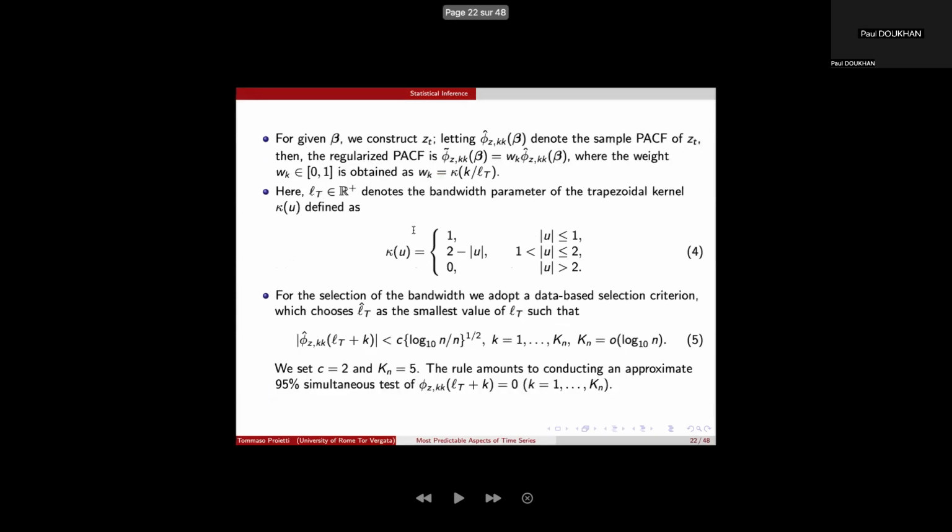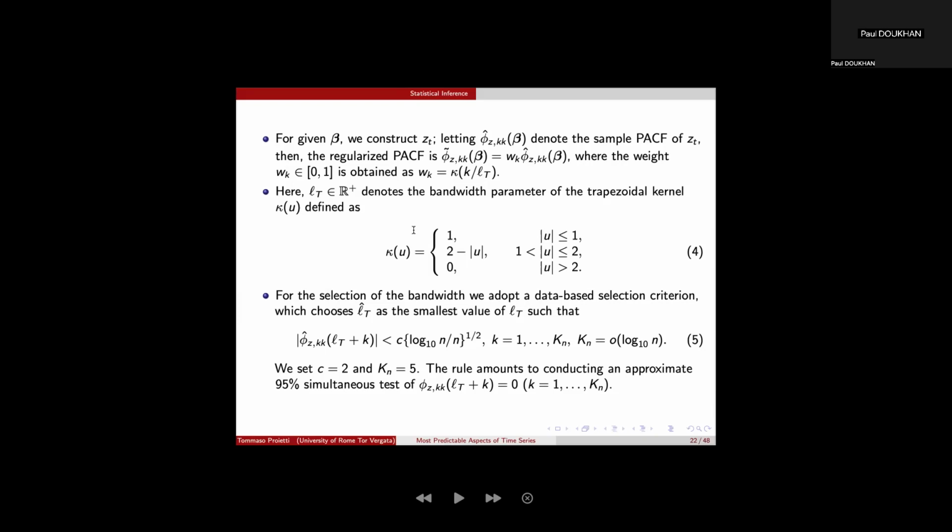These are estimated from my sample time series. I could estimate the partial autocorrelations of my Z by a method of moment estimator. And then I construct this regularized partial autocorrelation, multiplied by a weight. I use this kernel so that the weight is equal to 1 for the first LT partial autocorrelations, and then they decline to 0 linearly according to this trapezoidal kernel. So I'm using actually 2 times LT partial autocorrelations.